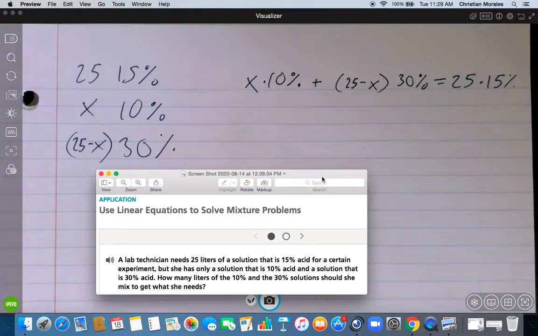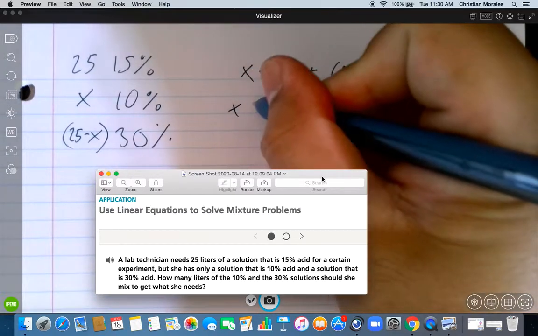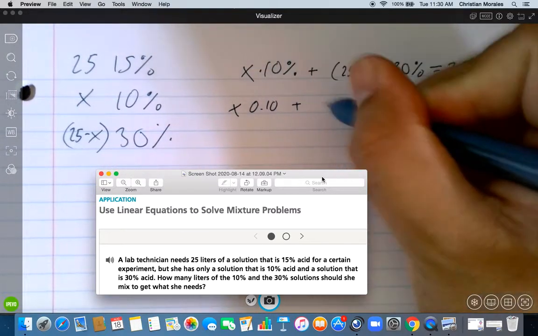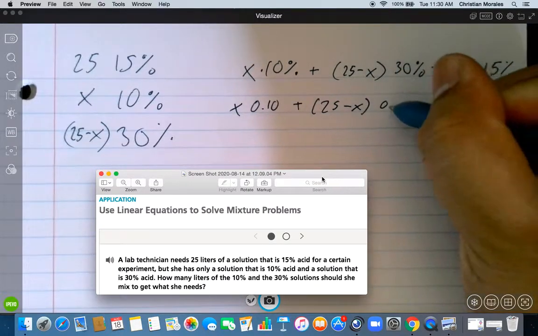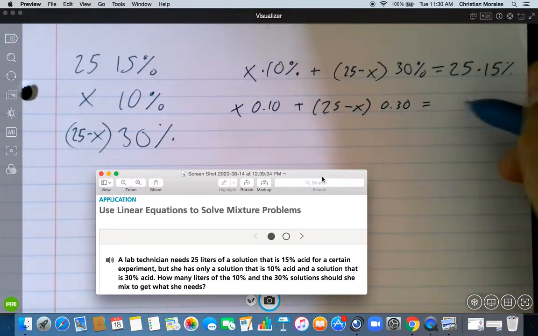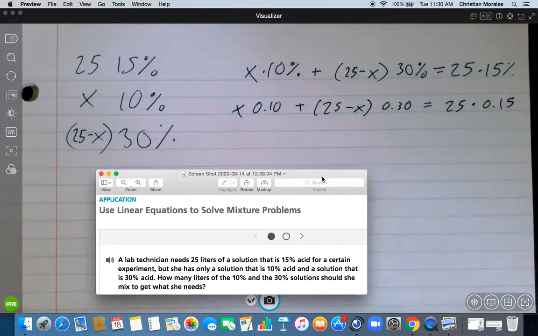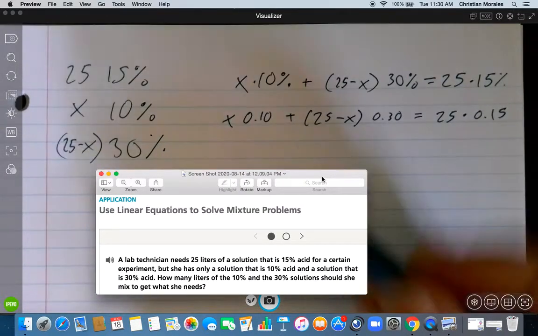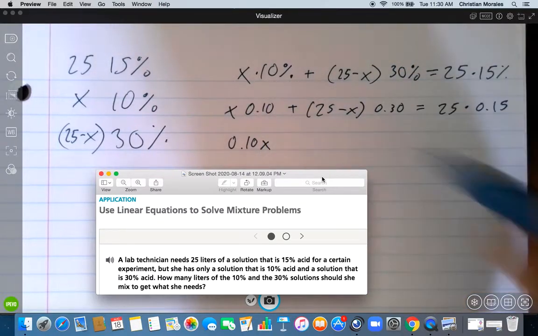All right, now, before I multiply this and figure it out, I'm going to turn these into decimals. I just prefer to work with decimals. It makes these problems easier for me when I use my calculator. Okay, so you take out the calculator and I'm going to multiply. If I multiply this, I get 0.10x.